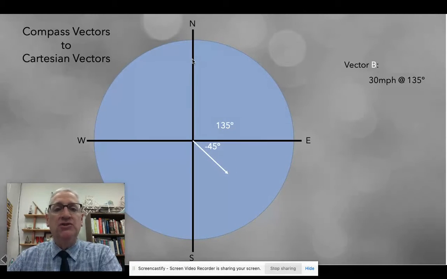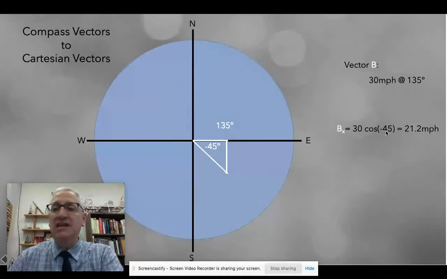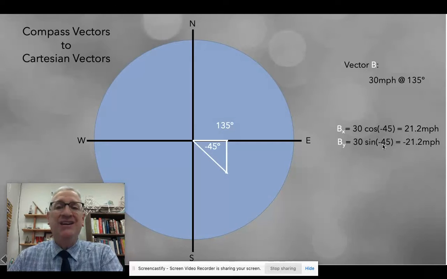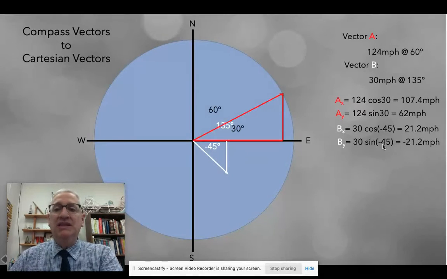Compass world starts at 0, goes to 90, and then 90 down to 135. And so now we make our Cartesian triangle, and we get Bx equals 30 cosine negative 45, and By is 30 sine negative 45.